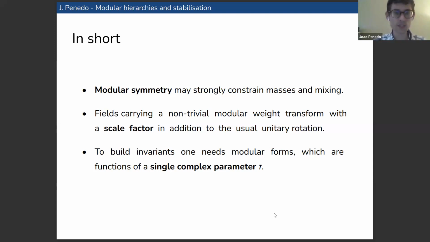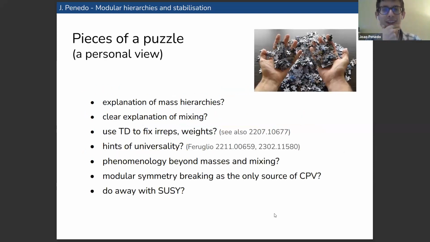Okay. So before I carry on, let me just tell you a bit of a personal view of where we should be going or can go from here. I mean, the community is actively trying to use the modular symmetries to explain the mass hierarchies, and this is something I'll discuss in what follows. But it would also be interesting to find a clear connection between the mixing patterns we fit and the structures the modular symmetry is predicting.